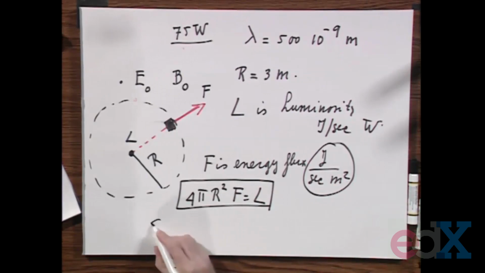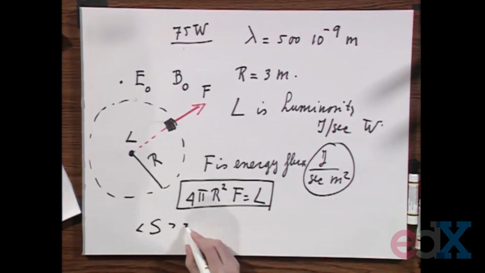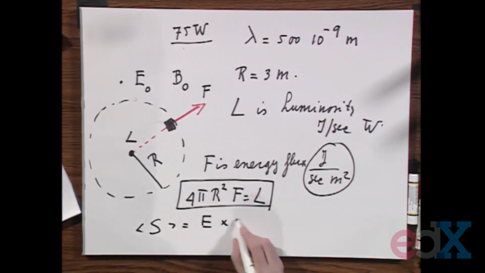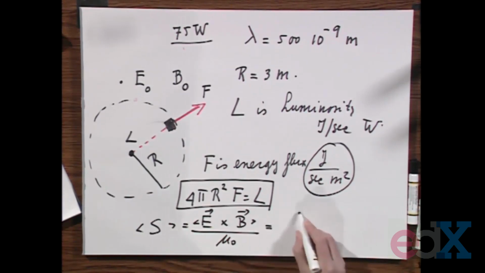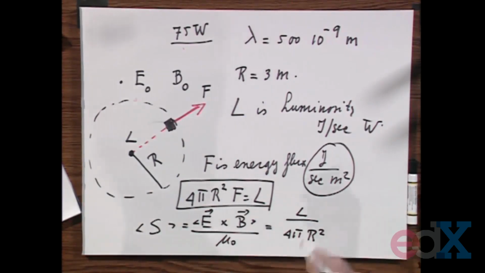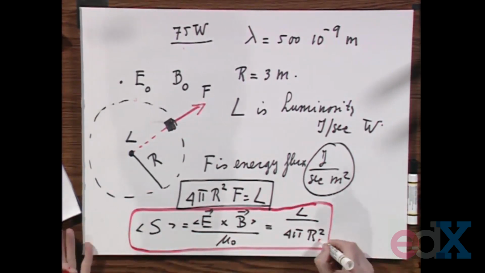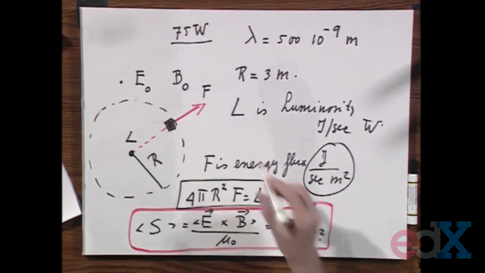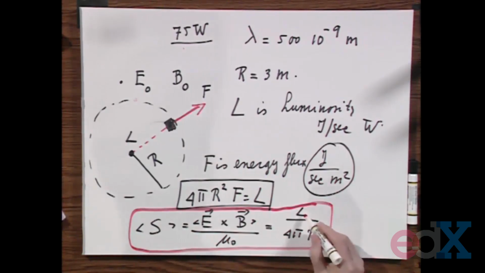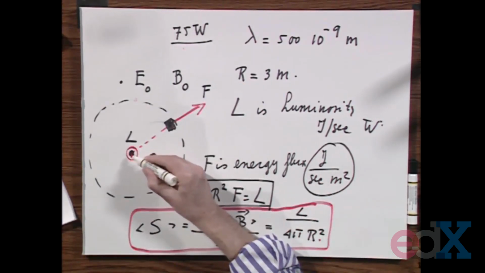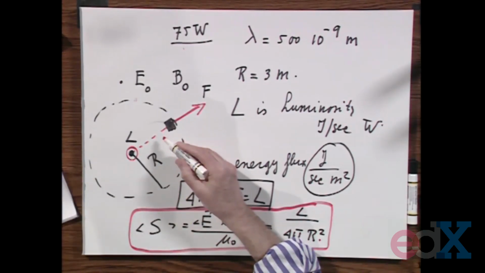And so the mean value of the Poynting vector, which equals the mean value of E cross B divided by mu 0, then also equals L divided by 4 pi r squared. And you see immediately, which is no surprise of course, that the Poynting vector falls off as 1 over r squared. The farther you are away, the smaller the flux. The luminosity, the amount of energy that comes out here, of course, is independent of r.